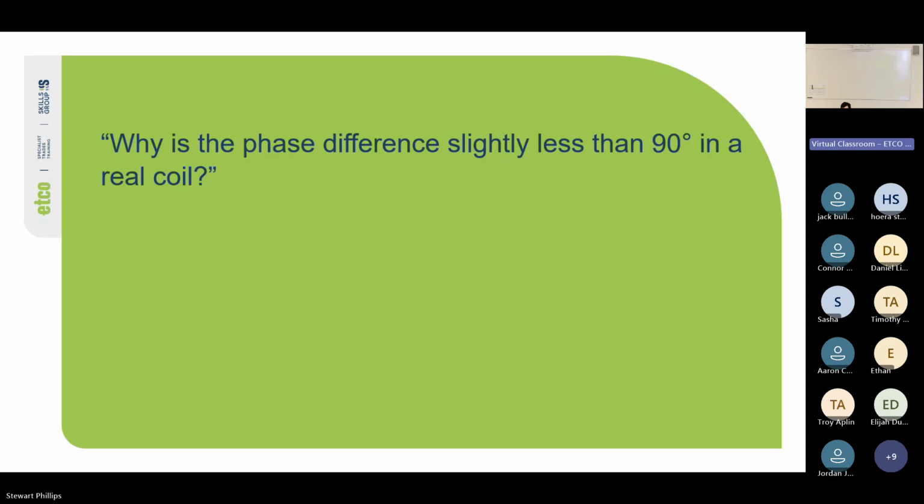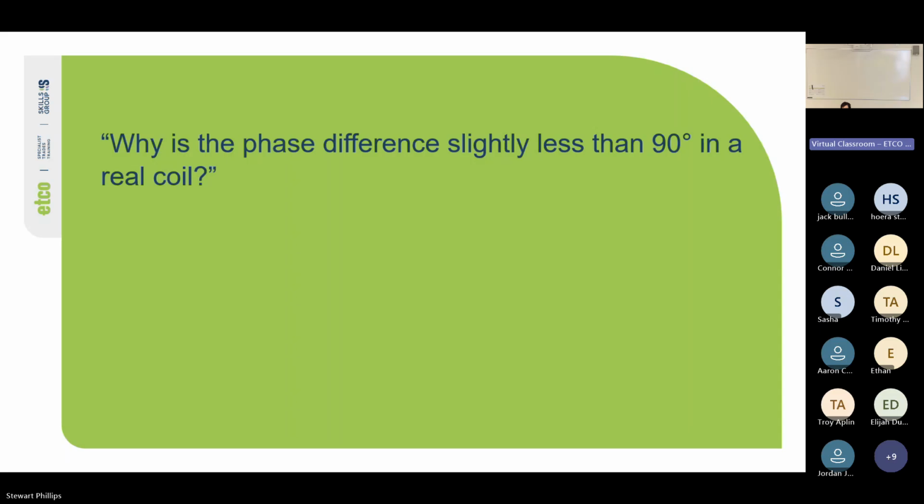Not so much anything to do with the efficiency. Not power factor, we have talked about it.